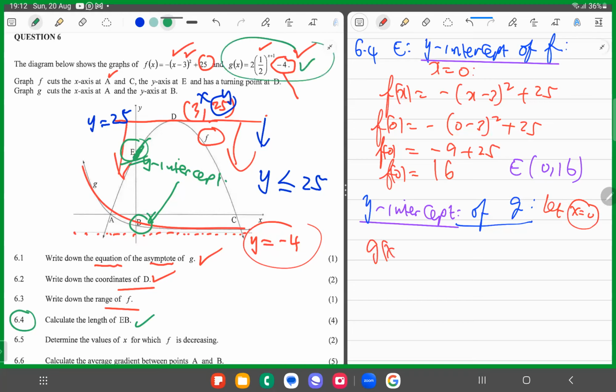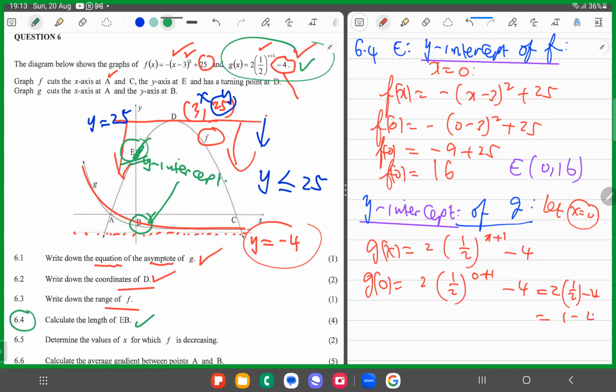We write g is 2 into 1/2 to the x plus 1, minus 4, but we substitute 0. 2 into 1/2 to the 0 plus 1, minus 4. So you have 2 into 1/2 to the 1, minus 4, which is minus 3. So when x is 0, y is minus 3.